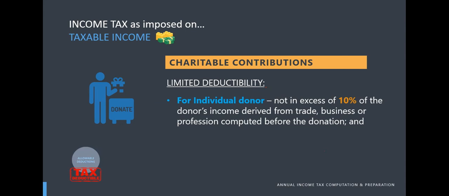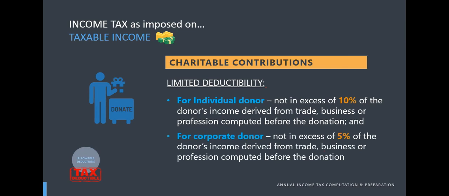Whatever the limit is for charitable contributions, say for example we computed a 100,000 limit and the value of the donation amounts to 150,000, only the 100,000 could be allowed as deduction. On the 50,000, the taxpayer loses his benefit.